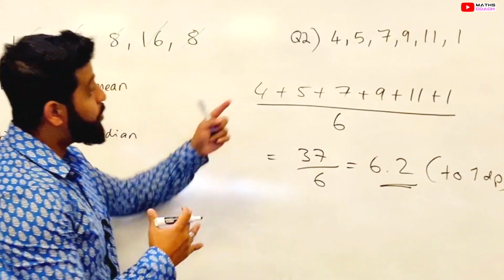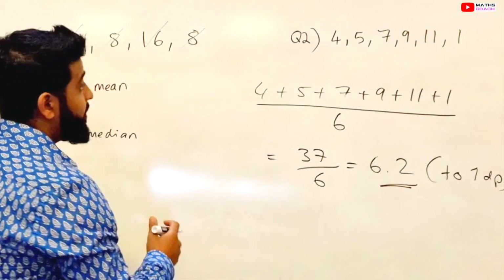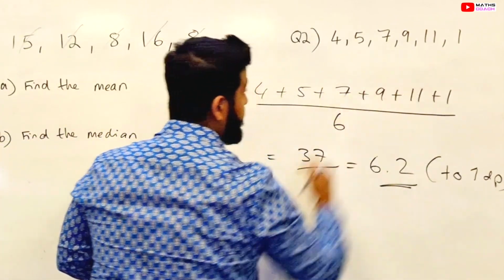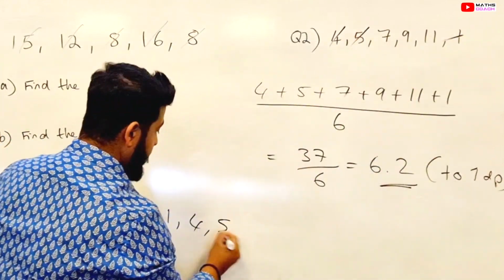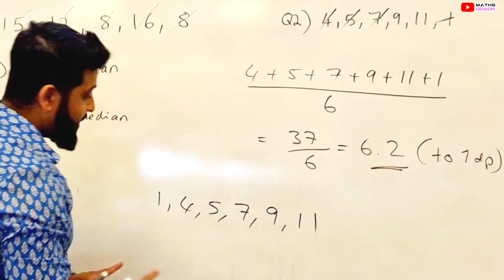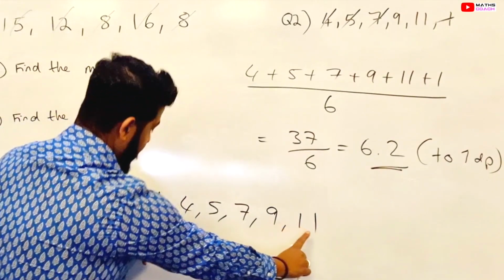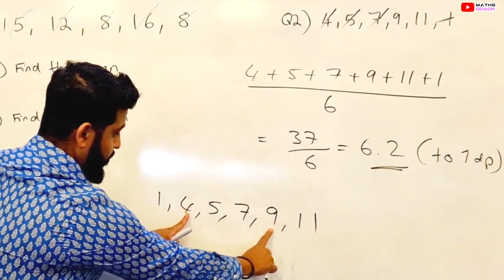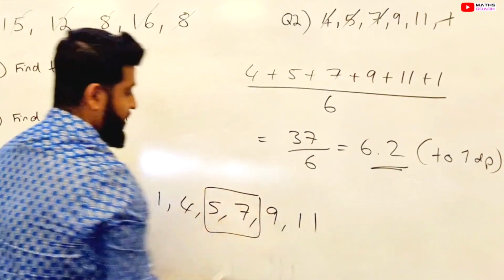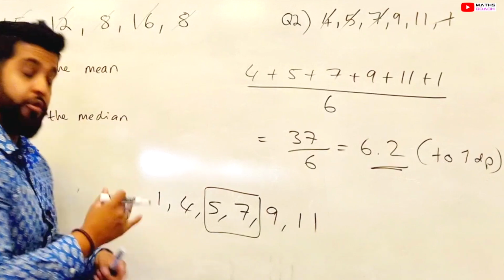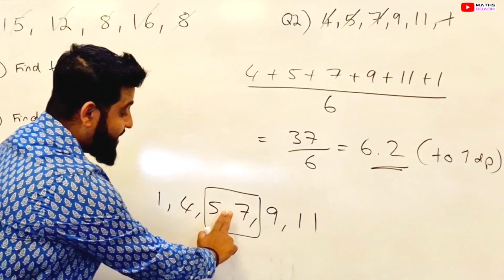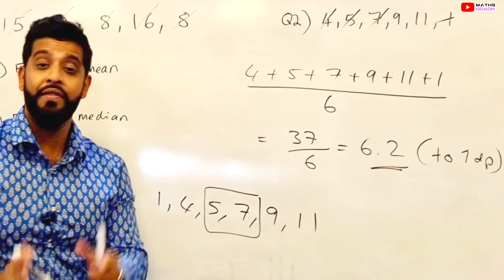Now, if we move on to finding the median, once again this requires the numbers to be put in order. So starting with 1. Now, this time you will find that when you count in, so 1, 2, you have these 2 numbers in the middle. So what you do when you have 2 numbers in the middle and you're trying to find the median is you add these 2 numbers together and you divide by 2.